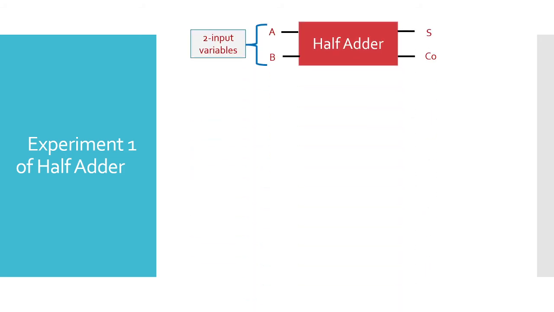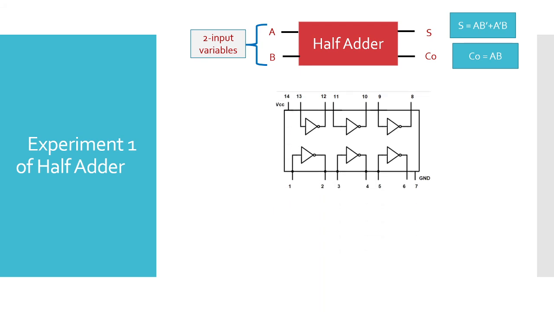Now you know the circuit. What is required? You saw that you require the NOT gate, the AND gate, and the OR gate, so you will use ICs. For the NOT gate, you know which IC number is required: 7404.